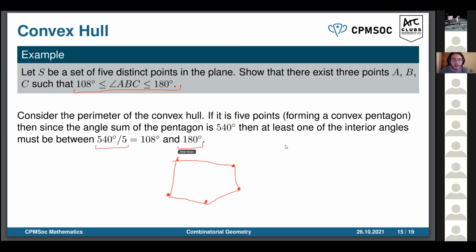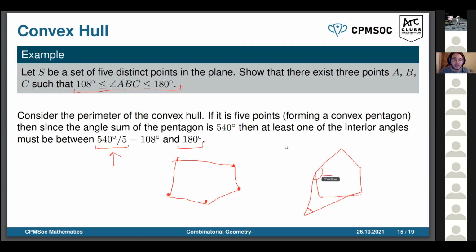So if you have a regular polygon, all of the angles are going to be 108 degrees. And if you had, say, a regular polygon, this isn't going to be regular, but pretend it is. If you had a very dodgily drawn regular polygon and you made one of them a little bit sharper, because the angle sum is 540 degrees, you're making one of them larger, right?